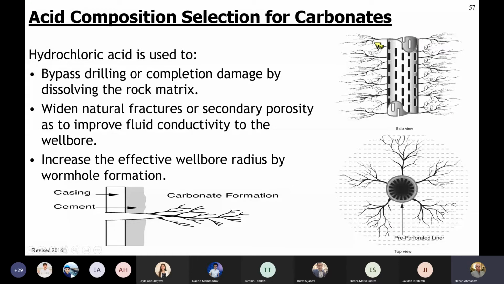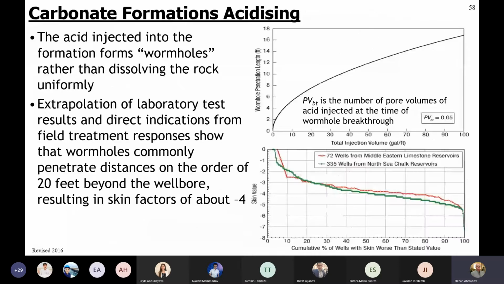This shows experimental calculations of the relation between the total injection volume and the wormhole penetration length.